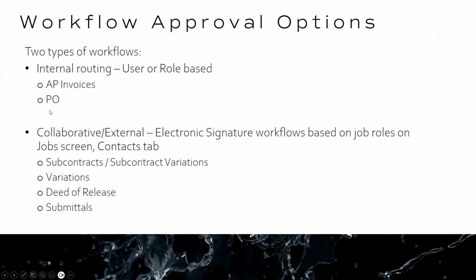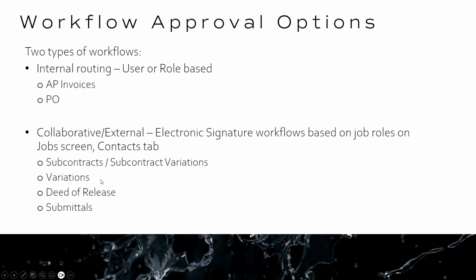So think of a simple example: the CA entered a particular invoice, then they're sending it to the PM for approval. The PM approves it and the invoice is automatically posted. The external workflow, however, will allow you to tap into that electronic signature approval. So you can forward these documents out to your vendors to sign.